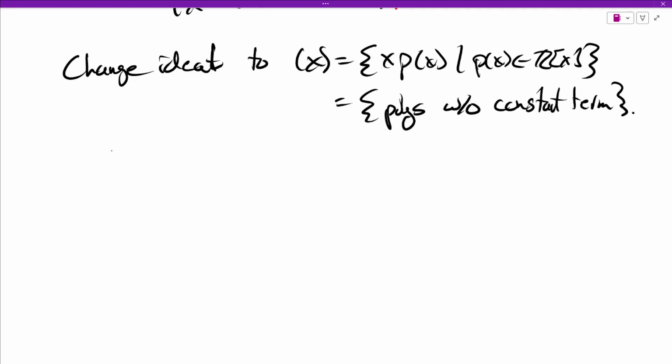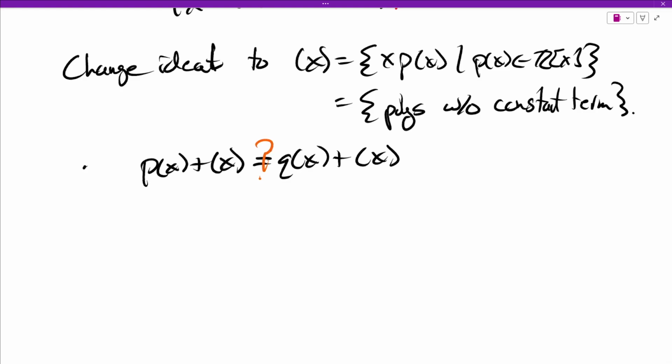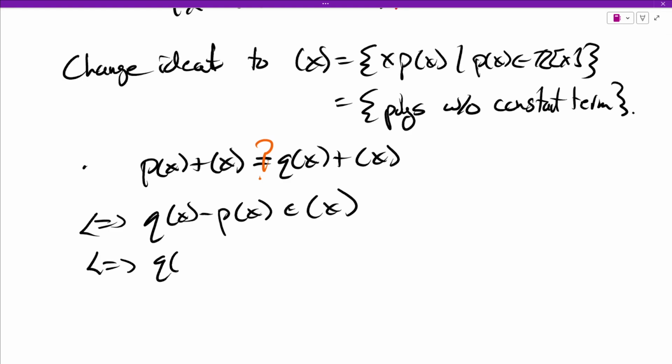Okay, so what would it mean that p of x plus the ideal is equal to q of x plus the ideal? Well, it means that the difference is in the ideal generated by x, which means that, to be in here, you have to have no constant term.